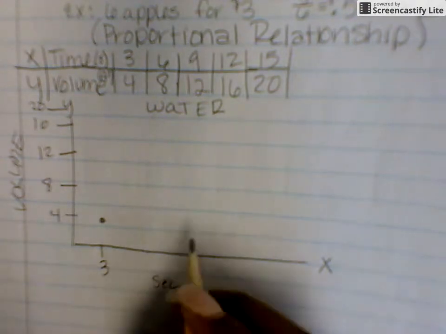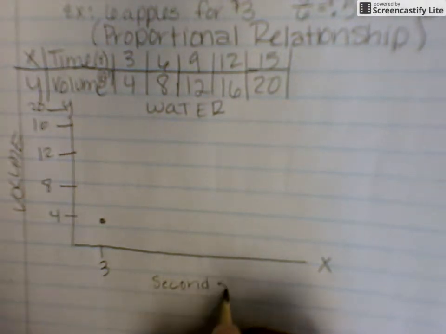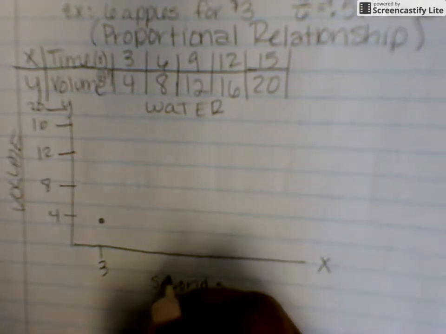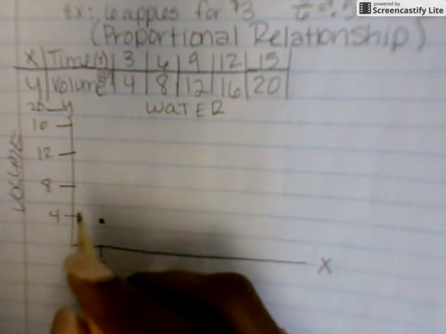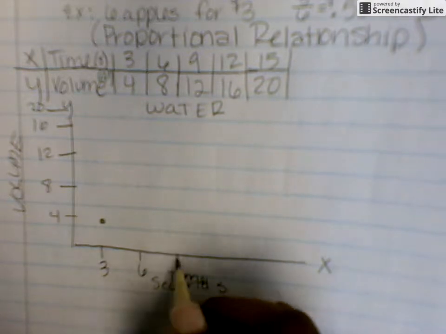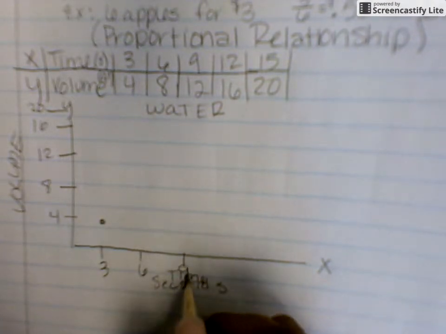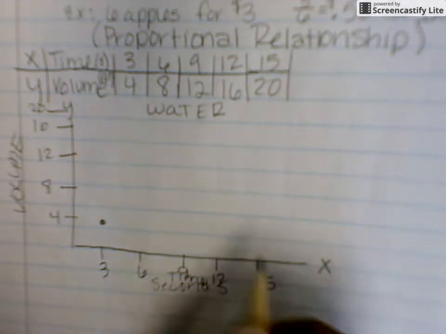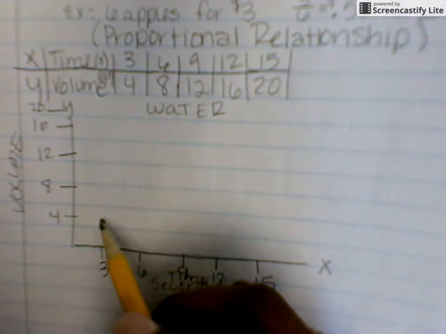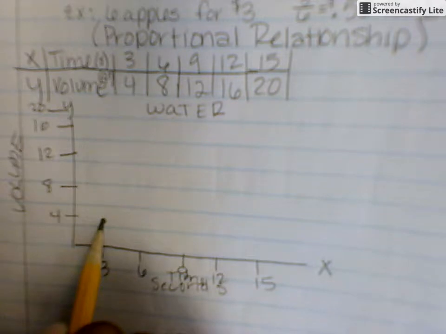It's kind of ugly, but that's okay. You guys get the drift. It's time in seconds. So the next thing we have on our line is 6, followed by 9, followed by 12, followed by 15. So in 3 seconds, we're at 4 feet of water.